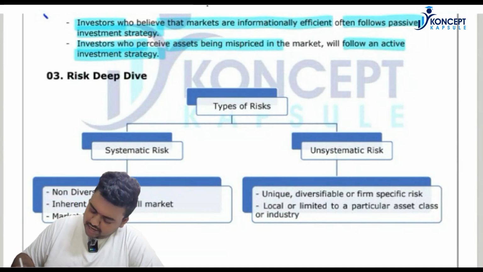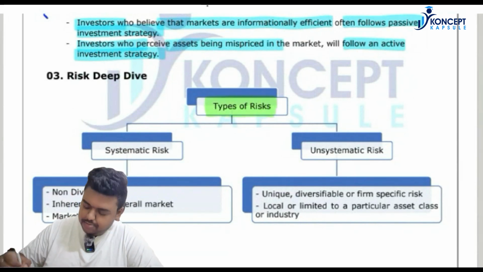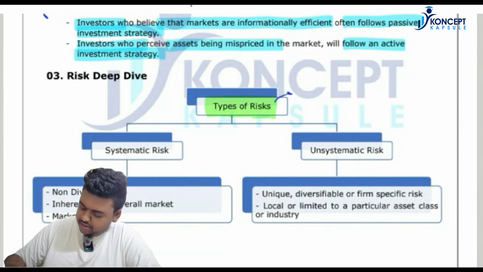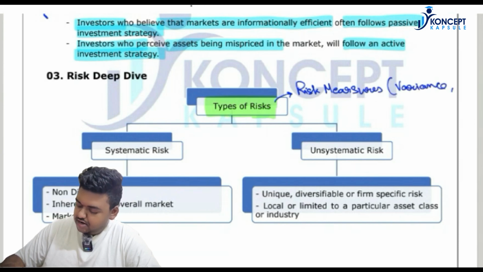Okay. Types of risk. When we are talking about risk, we have already had a glimpse of it when we were doing risk and return part 1, where we read about risk measures. In risk measures, what are the major things we have seen? We have seen variance and standard deviation.